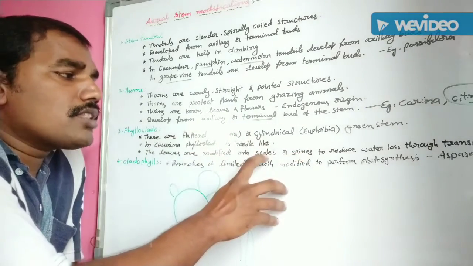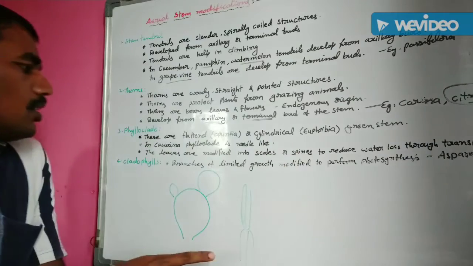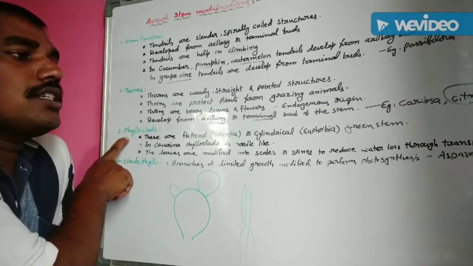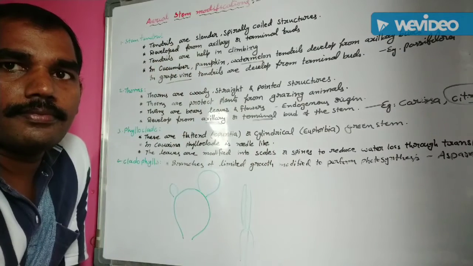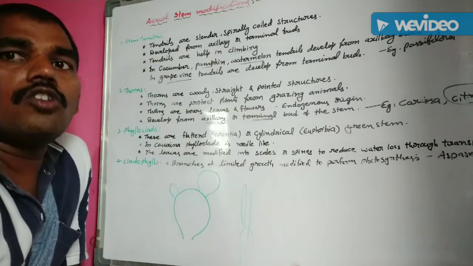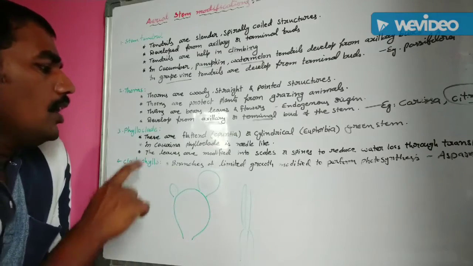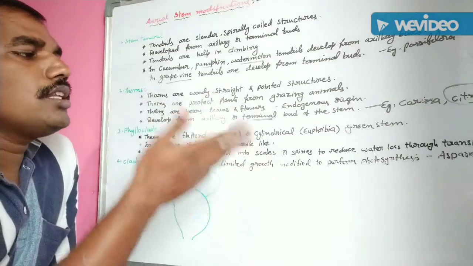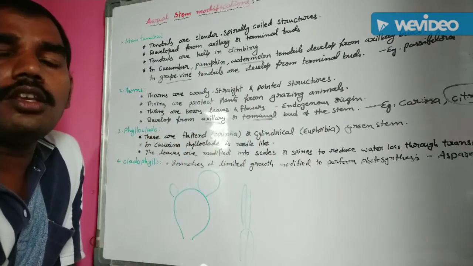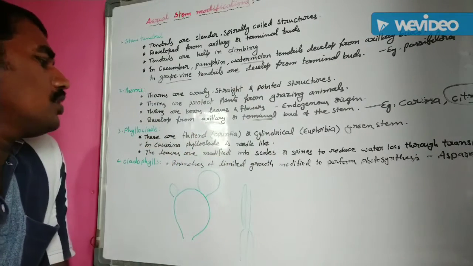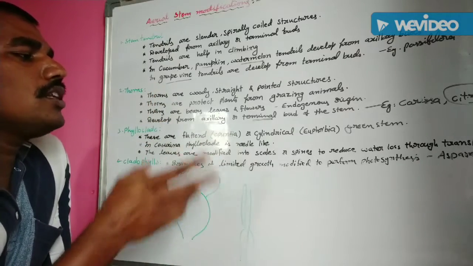Sometimes the leaves are also modified into scaly leaves, because this phylloclade modification is especially found in drought plants, xerophytic plants. Next one, the leaves are modified into scales and spines to reduce the water loss through the transpiration process. Because of this reason, the leaves are modified into scales and spines.